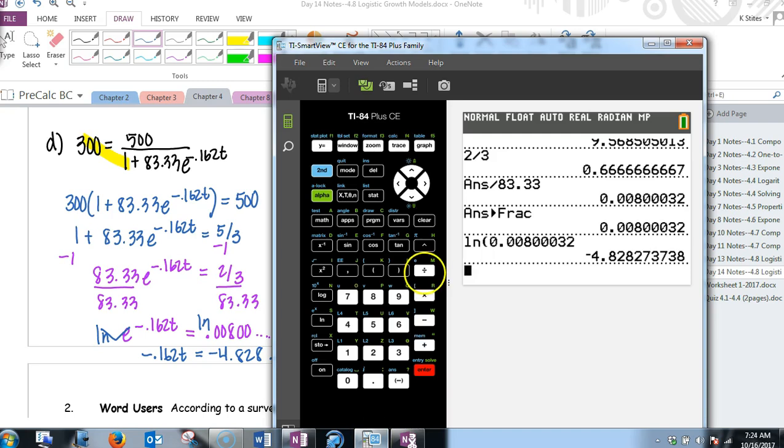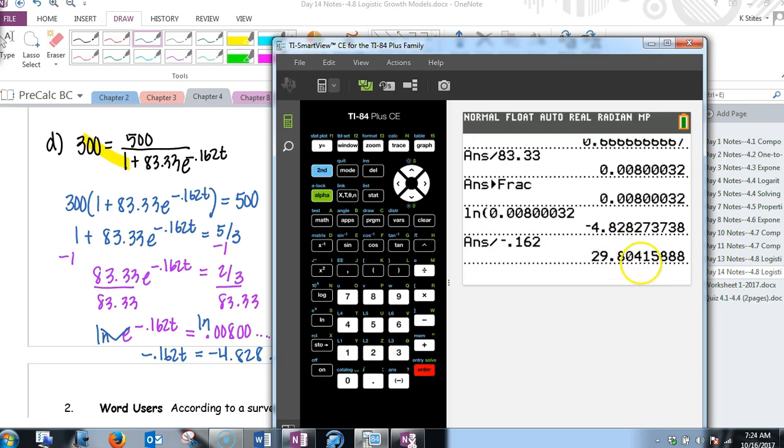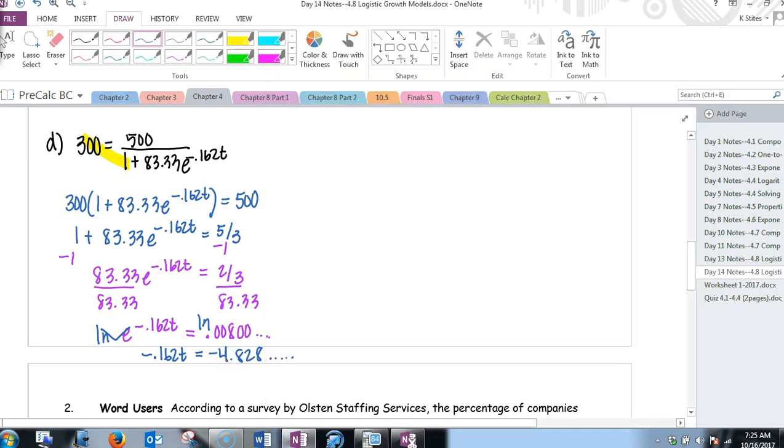And then I am dividing by negative 0.162. And you'll get about 29.804 years. So that's how long it's going to take to get 300 eagles in this population, starting at 6 bald eagles is where we began.